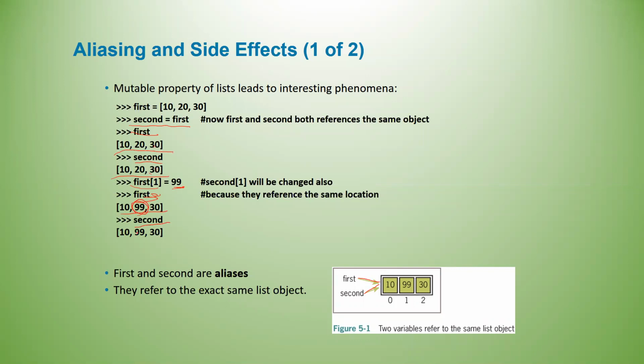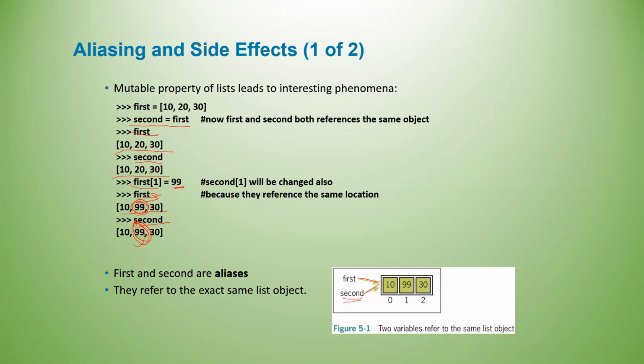And if you print out second, you see it's changed. Why? Because they are 2 different names for one location, one storage place. So if you change one element, when you reference both names, both are changed.